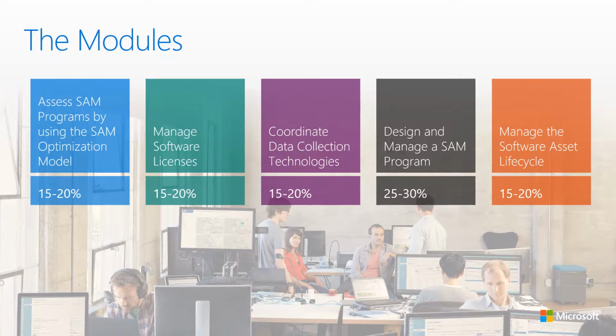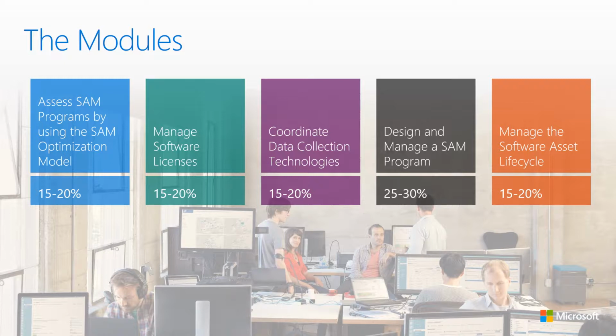Module 3 then goes into depth in some of the areas around data collection, and we'll look at topics such as ensuring completeness of data and resolving inventory discrepancies, as well as managing SAM reporting requirements. Then Module 4 is about setting up a SAM program and making SAM part of the infrastructure of an organisation.